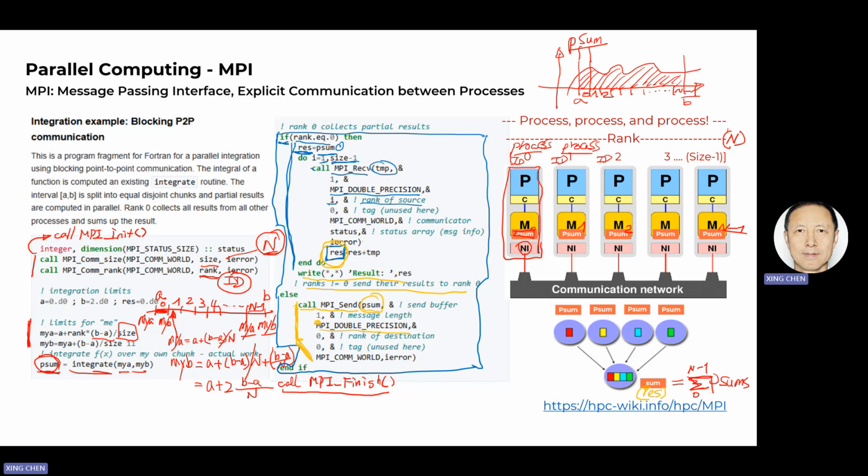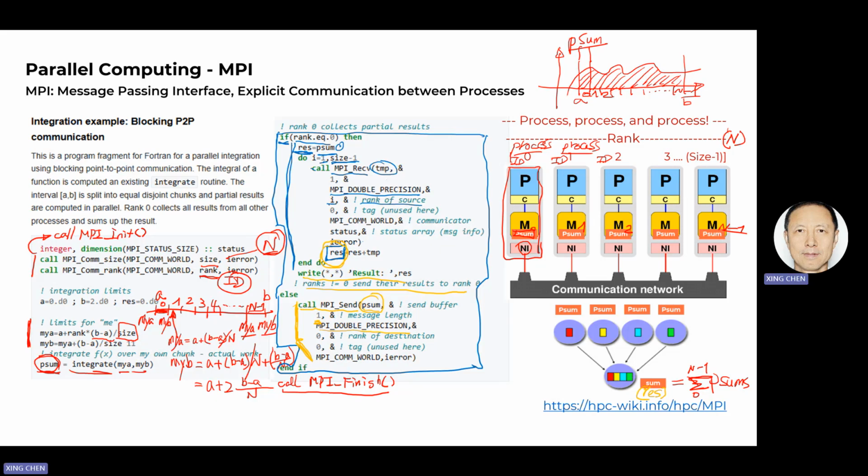Okay, this is a very simple piece of MPI code. It's very simple, but it has the main blocks of an MPI program.